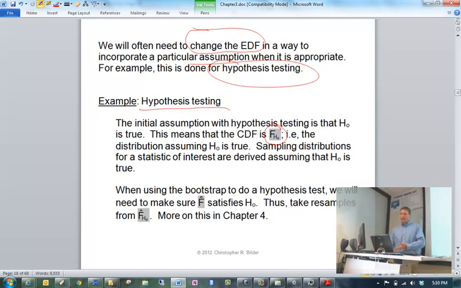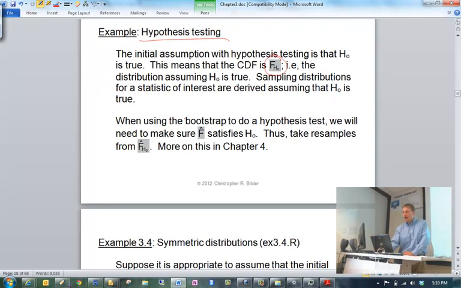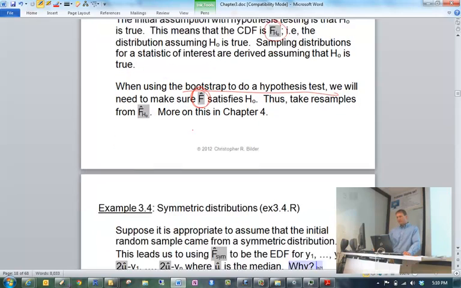So in a resampling setting, then, when we do bootstrap hypothesis testing, we can't just use F hat itself, meaning your observed EDF. We're going to have to change F hat so that the null hypothesis would be true. More on this in Chapter 4.